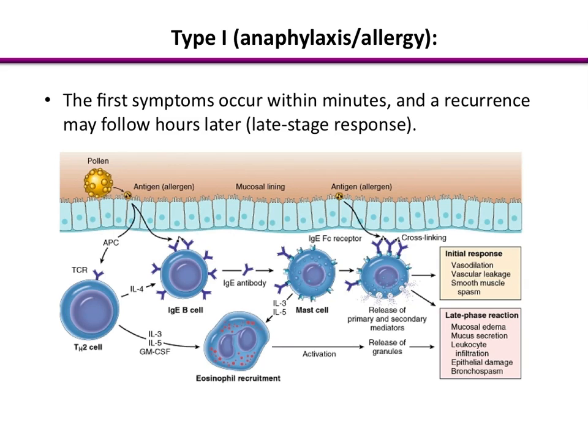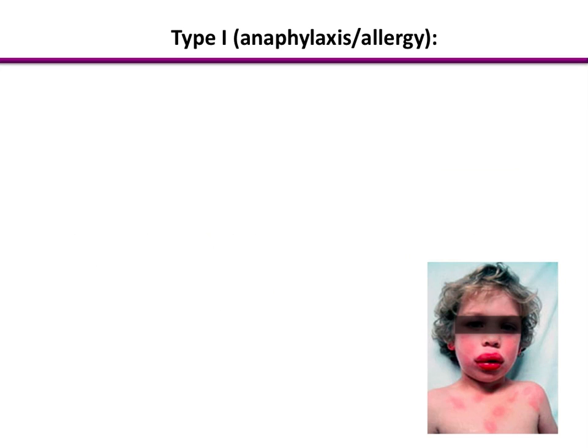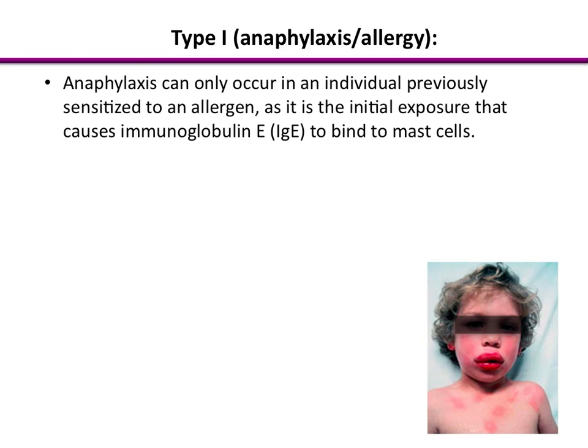The first symptoms occur within minutes and recurrence may follow hours later, the so-called late-stage response. Anaphylaxis can only occur in an individual previously sensitized to an allergen, as the initial exposure causes immunoglobulin E to bind mast cells, as said already.